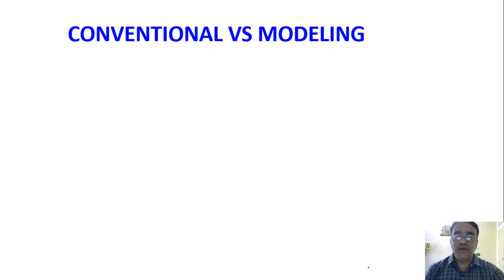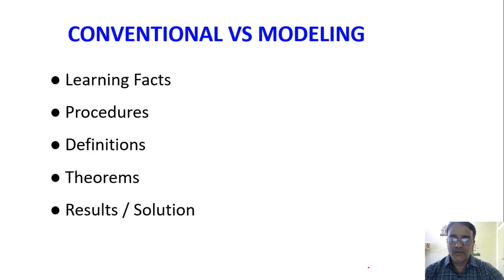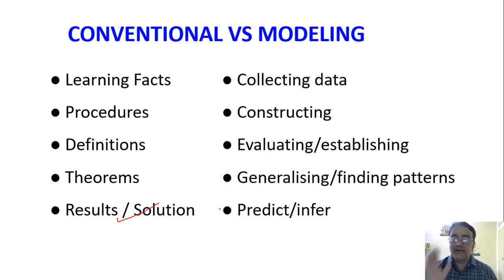In the conventional method, we learn the facts, we follow some procedures, we learn some definitions and theorems, we just practice the proof of the theorems, and it is a very result and solution oriented method. But when we are doing mathematical modeling, we collect the data from scratch, we follow some constructivism, or we can call it constructionism.